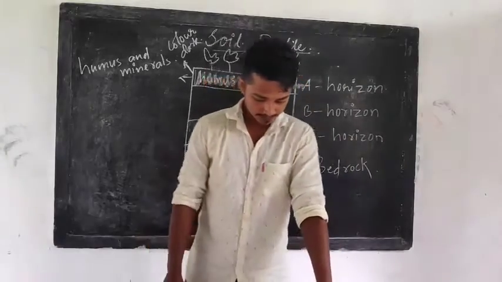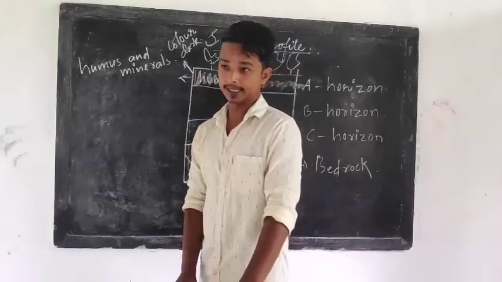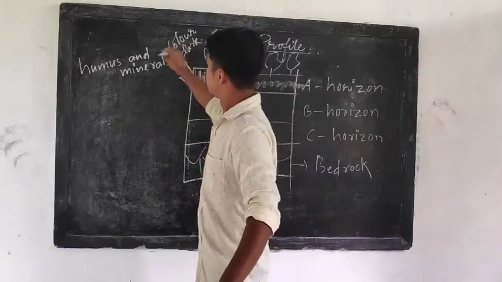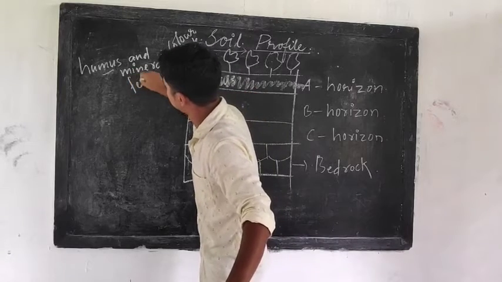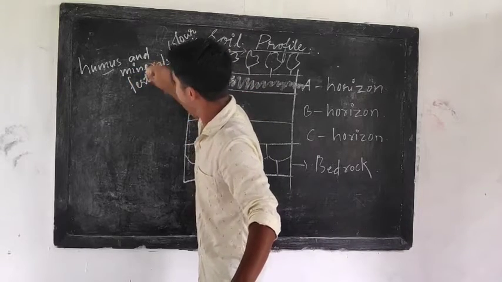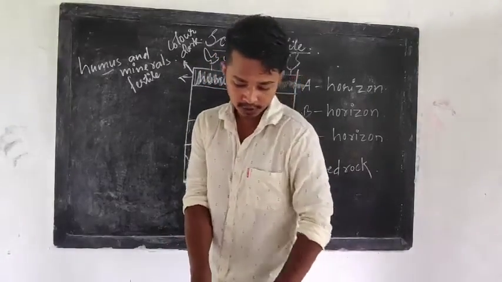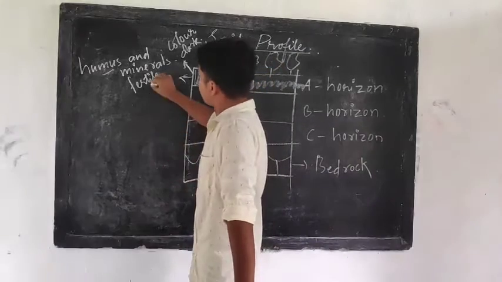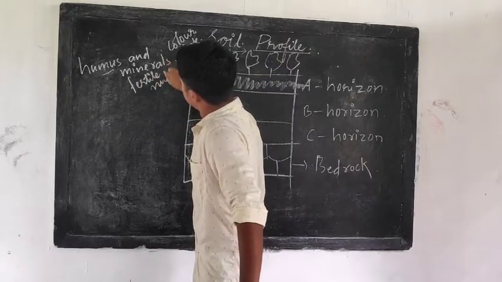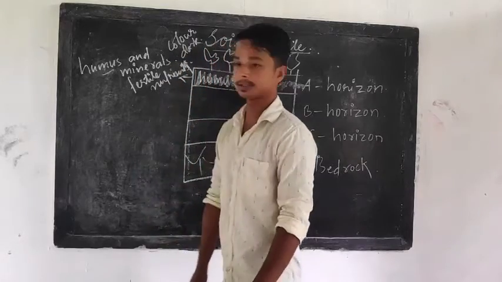The humus makes the soil fertile. What does humus do? Humus makes the soil fertile and provides nutrients to growing plants.